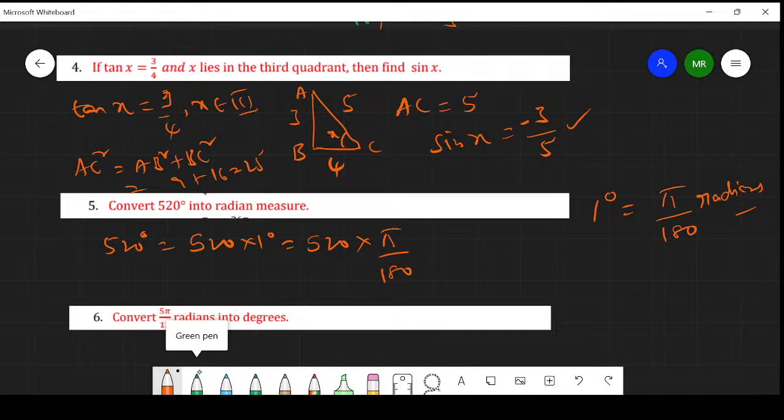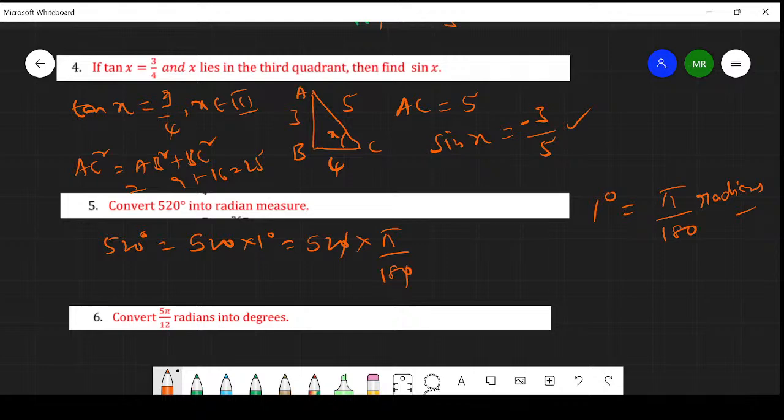So write this, then I can simplify. If I simplify, I can eliminate this 0. Now I can write this as 52 by 18.